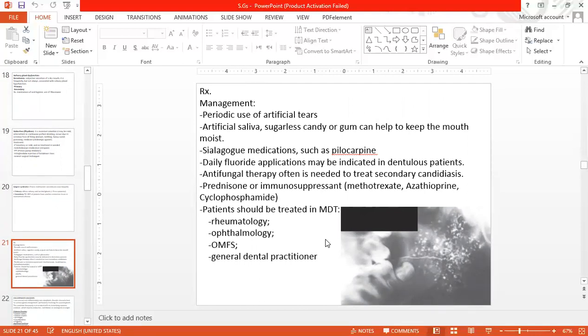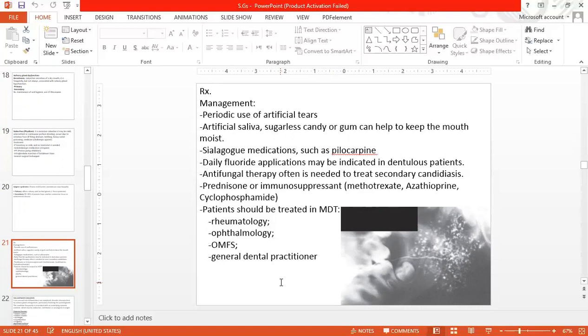Prednisolone in case of secondary autoimmune diseases, like rheumatoid arthritis. And it should also be treated with a multidisciplinary team, including a rheumatologist, ophthalmologist, oromaxillofacial surgeon, and general dental practitioner for the motivation of the patient.